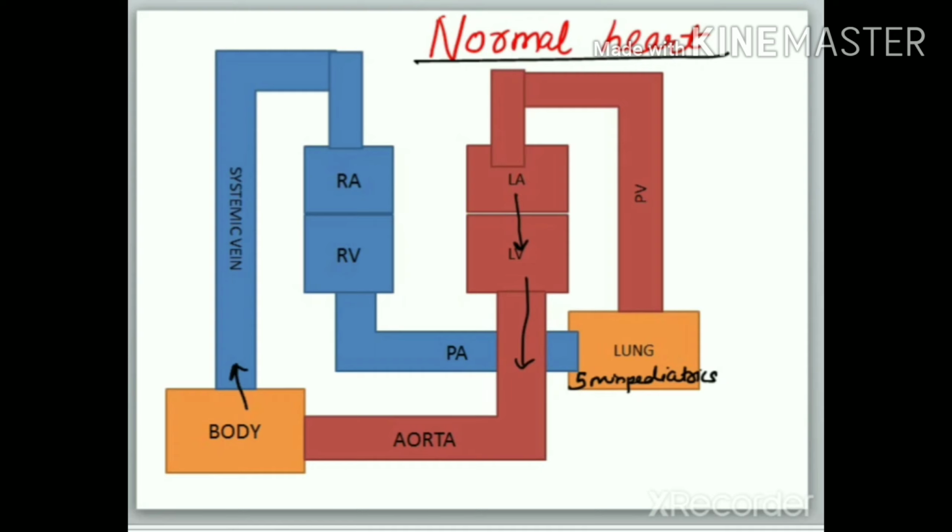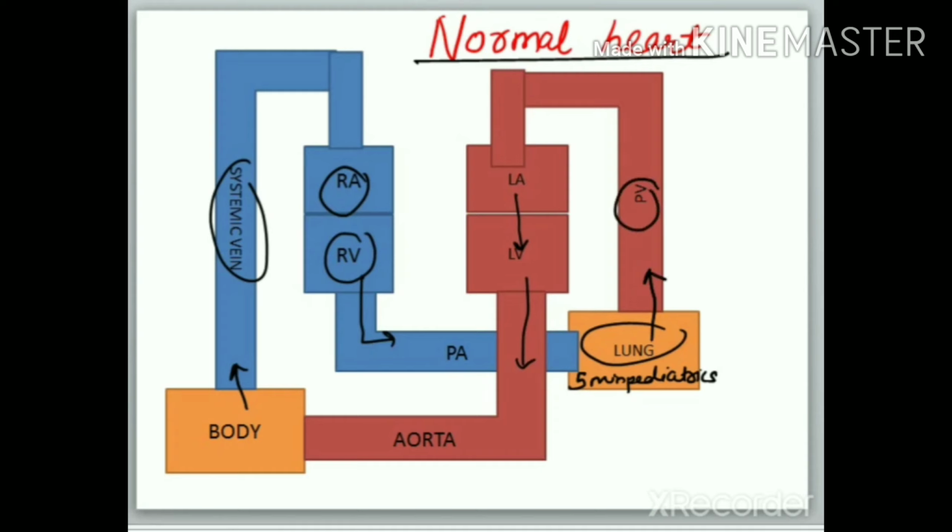So the path of oxygenated blood is left atrium to left ventricle to aorta to the body, where oxygen is extracted. Then deoxygenated blood reaches the right atrium, right ventricle, pulmonary artery, then into the lungs where oxygenation occurs again, and through the pulmonary vein it enters the left atrium.